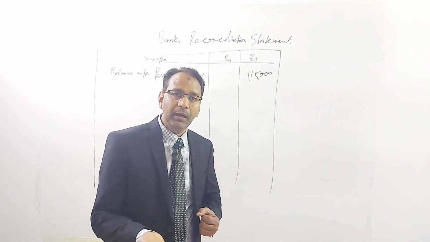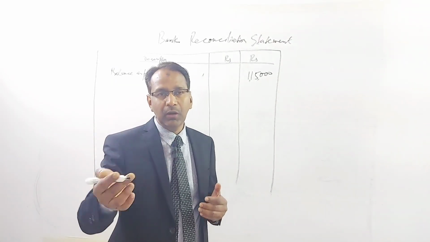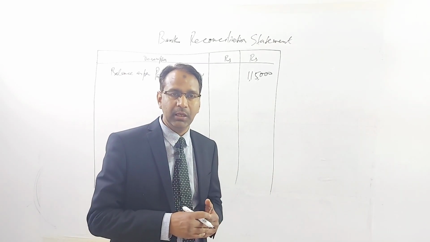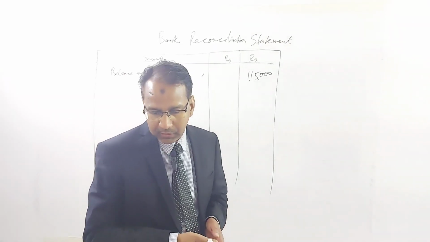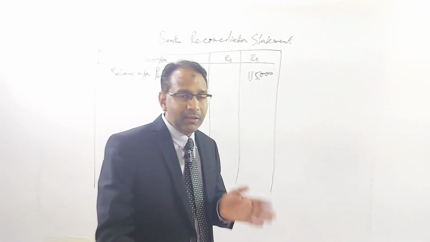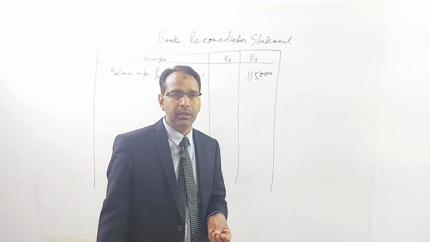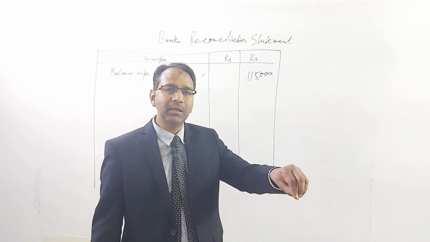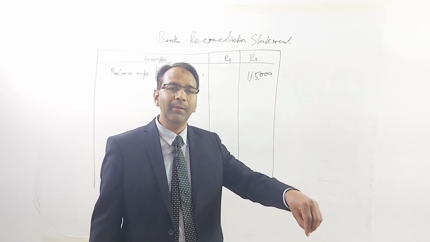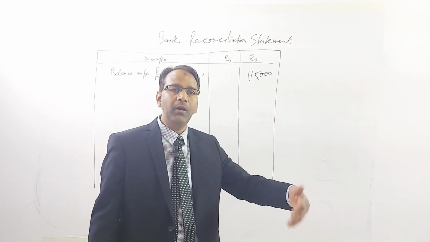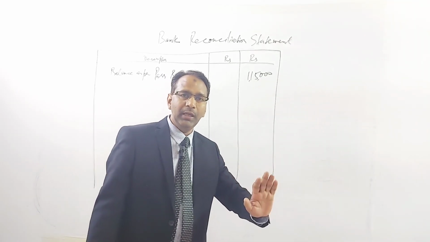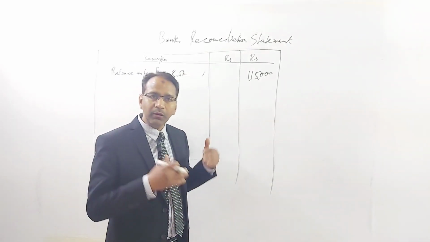In India, the financial year is from 1st April to 31st March. So at the end of March one check of 30,000 rupees was issued, which was brought to the bank by the supplier in the first week of April. So on 31st March, it was not cleared.